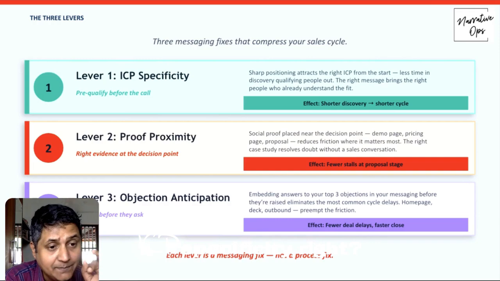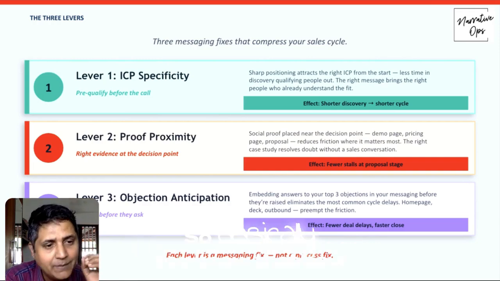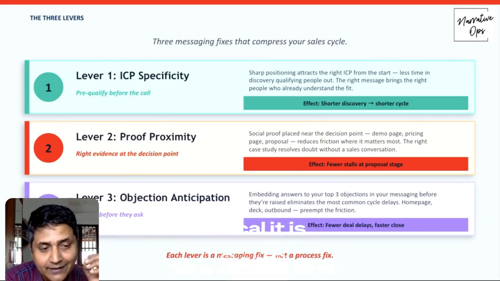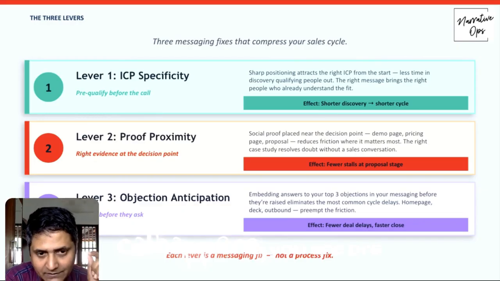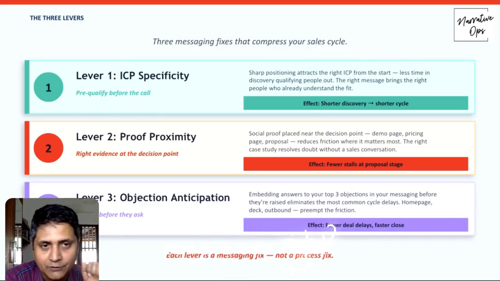Level 1 is ICP specificity, right? You know how critical it is for a B2B SaaS firm to have their ICP in place. Sharp positioning is critical here. It attracts the right ICP from the start. So before the sales call even happens, you are pre-qualifying the right people for the call.